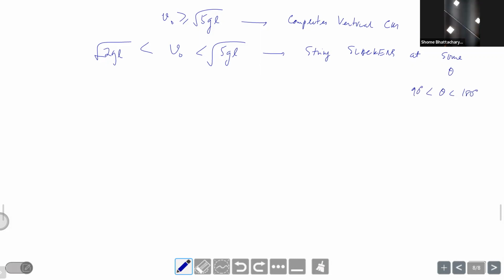It never slackens before that. Whereas if V naught is less than root 2GL, it behaves like a pendulum. Even equal to, you can say pendulum of 90 degrees. So these are the different cases.